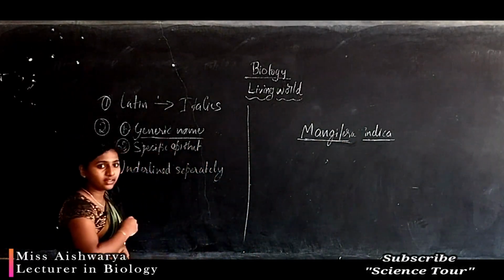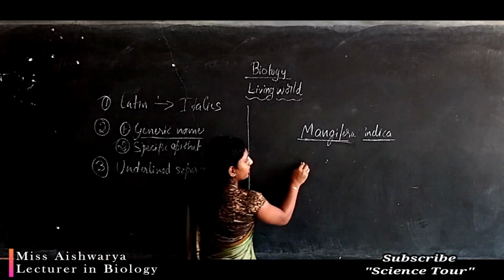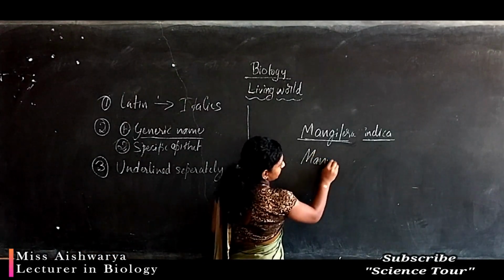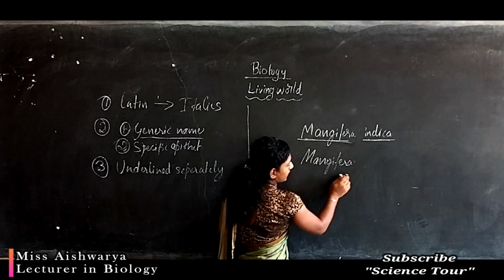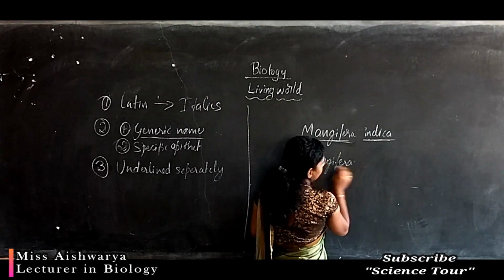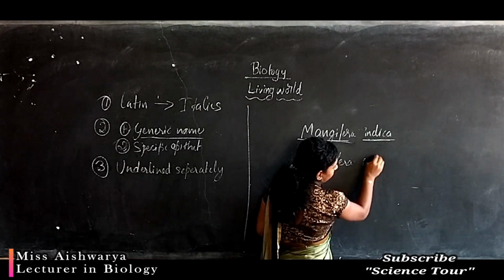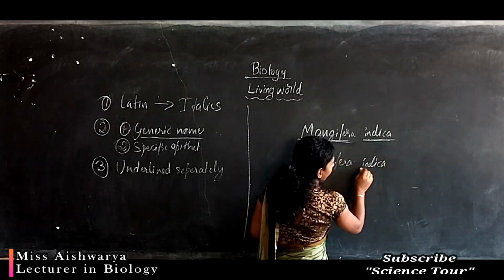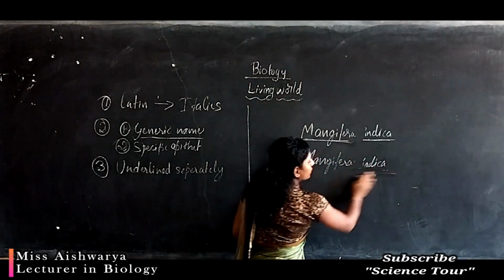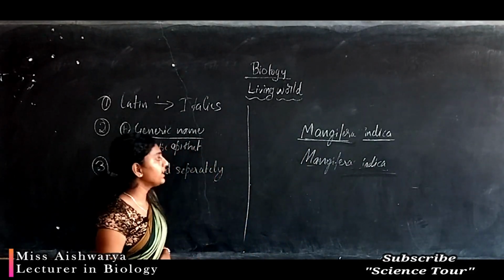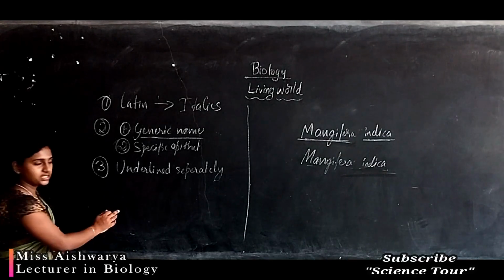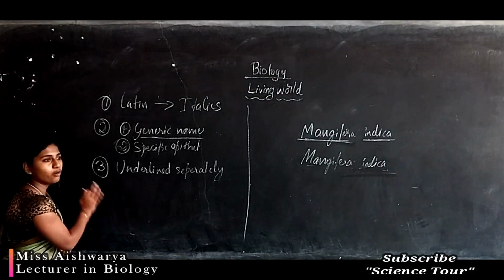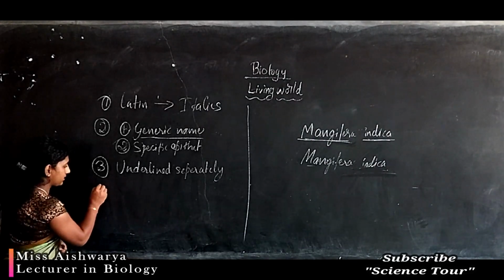If it is in typed form, it should be in italics, Mangifera indica, so that it represents the Latin language. So underline separately if handwritten, and if typed, it should be in italics.